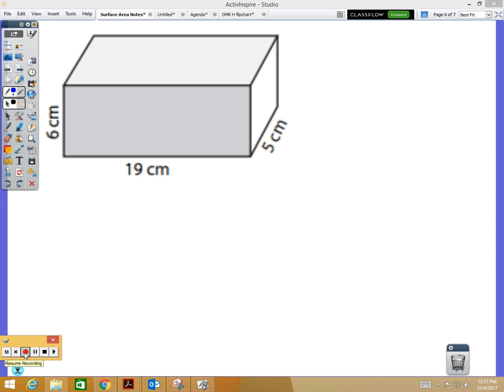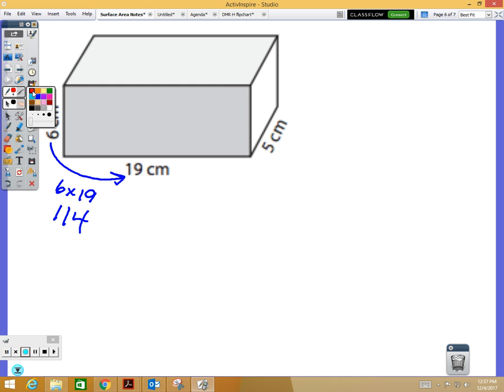So it doesn't matter which one of these 3 numbers that you start with. Totally doesn't matter. I'm going to start with 6 times 19. And 6 times 19 is 114. Then I'm going to continue going this way, and I'm going to do 19 times 5. And 19 times 5 is 95.